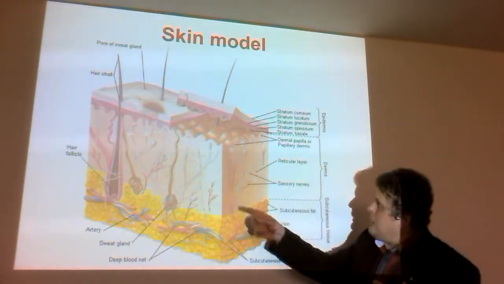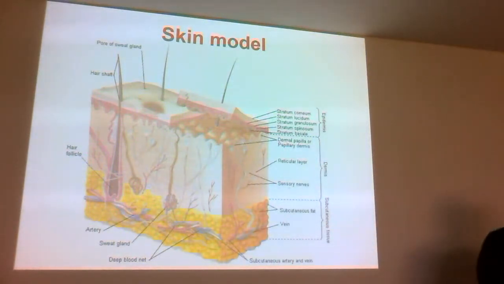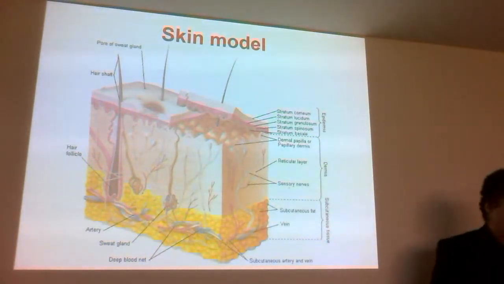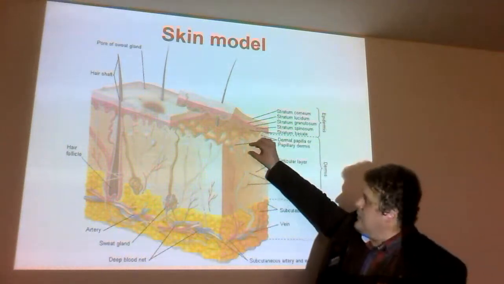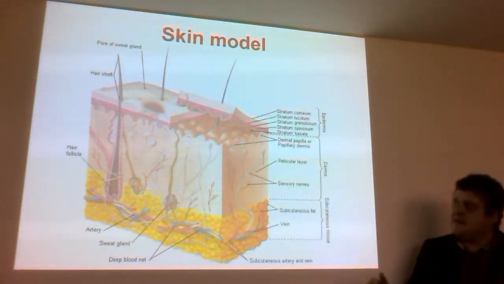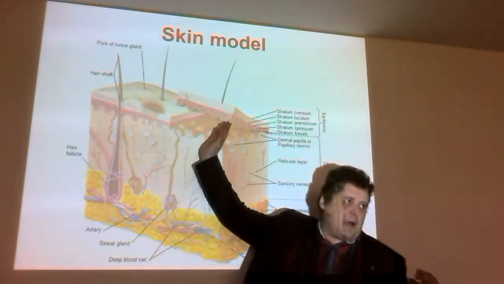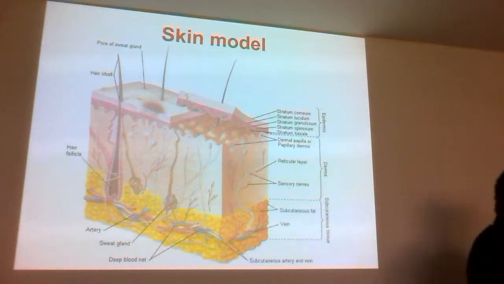And also, think about the distribution of melanin granules, which have a refractive index of 1.7. So you see, this structure makes a perfect screen that protects against light coming into the body and light coming out from the body.